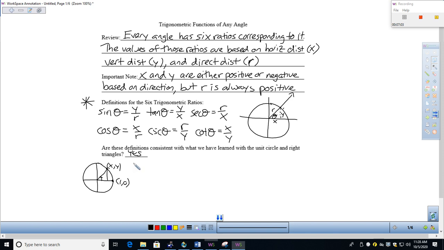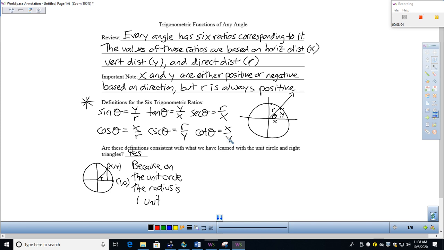So to make a long story short, I would say yes, absolutely, because on the unit circle, the radius is 1 unit. If you think about the r value being 1 and putting it right in here, that's what we saw all the way through.